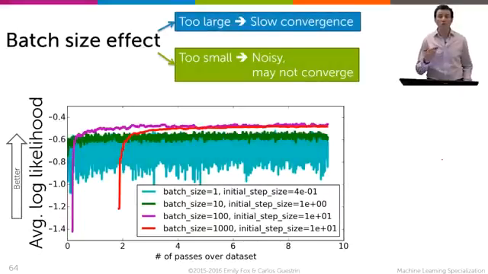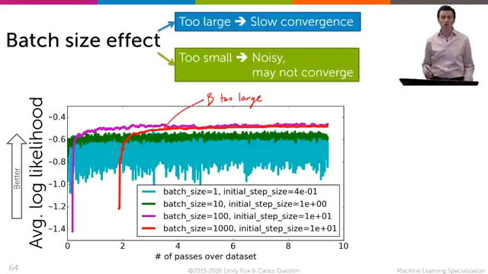So now we've introduced one more parameter to be tuned in this stochastic gradient algorithm. This is the batch size b. If it's too large, then it behaves just like gradient. For example, if you use batch size of n, it's exactly the gradient ascent algorithm. So in this case, the red line here is with batch size too large.